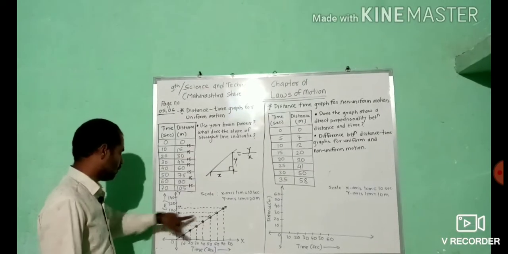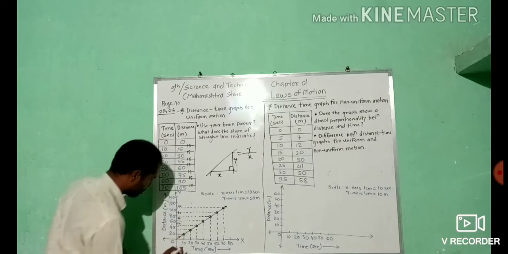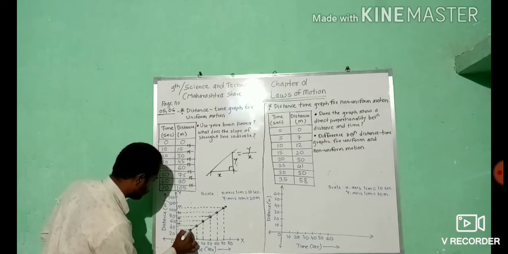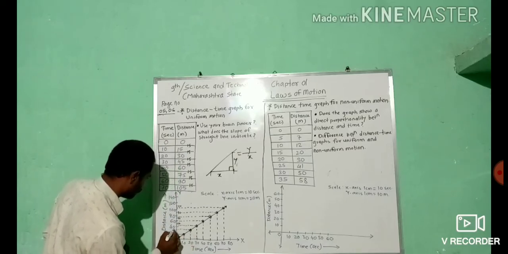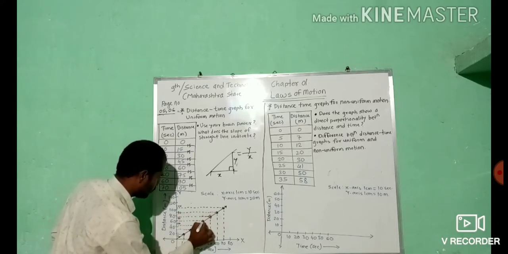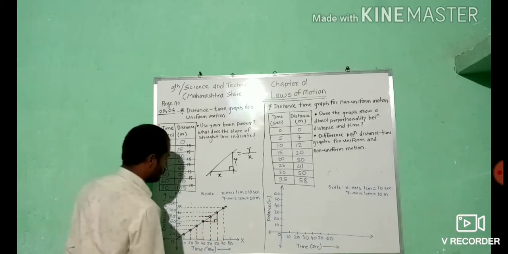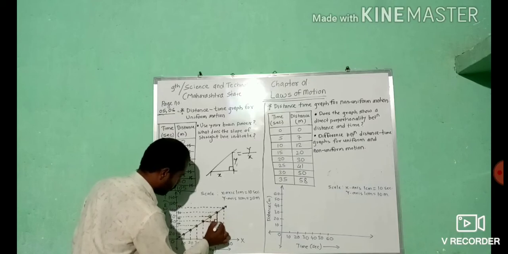Now find out the slope for this graph. Take any two points, suppose you take this point and this point. So what is the y value for this?